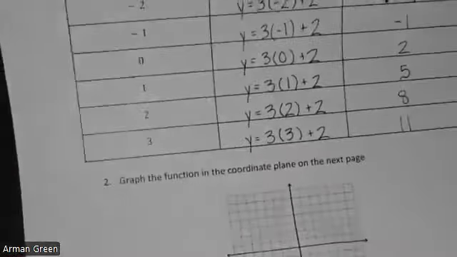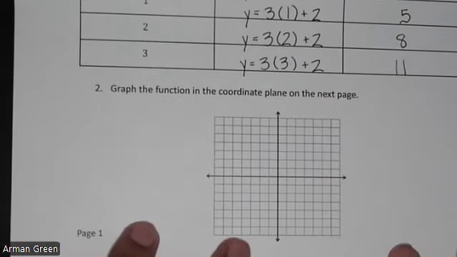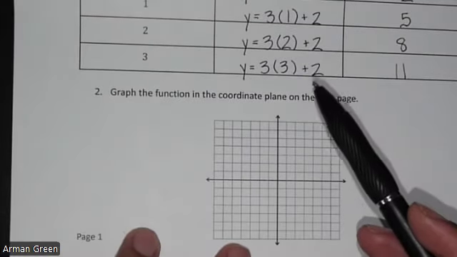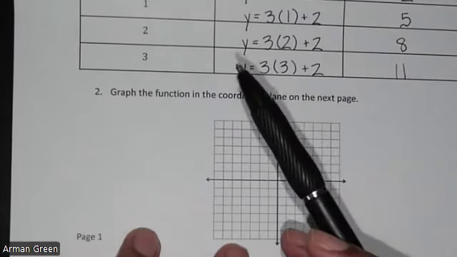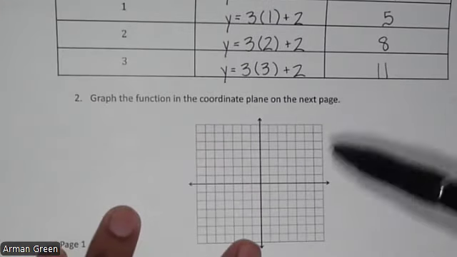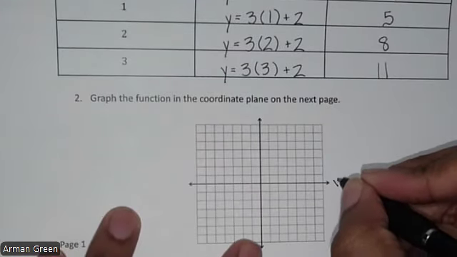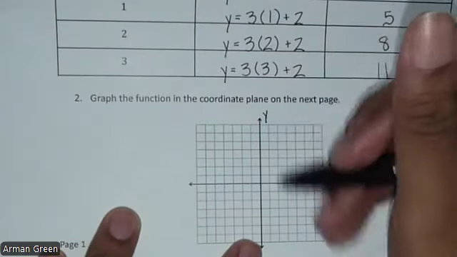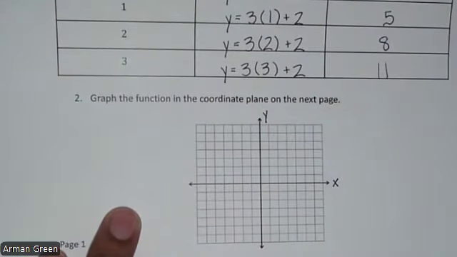So if we go to the bottom of the page here, we're going to use some of those points that we found using our chart at the top of the page. So this here is going to be our x-axis. And this here going up and down is going to be our y-axis.